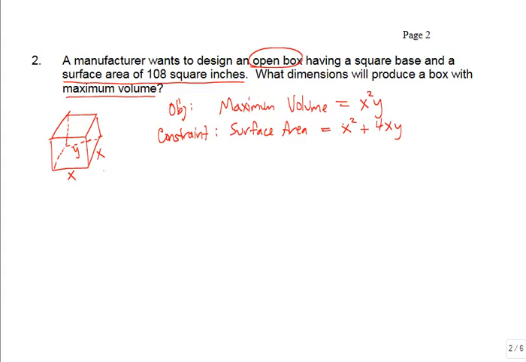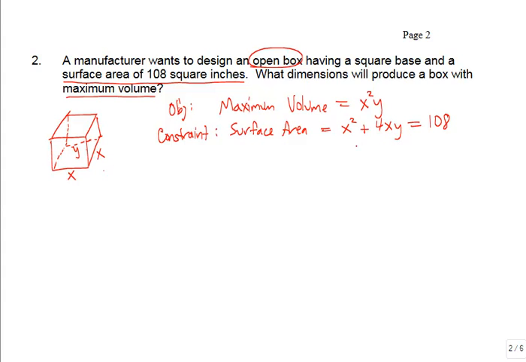So we've got our bottom, and we've got our 4 sides, and there's no top because it's open. So this is our surface area, and this needs to be that 108. So it's from this constraint that we're going to solve for one of the variables and then substitute that into our objective. Now you can see from this surface area equation that it's probably easiest to solve for y because there's only one of them.